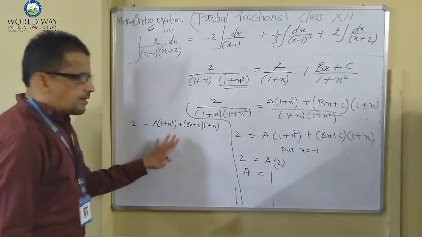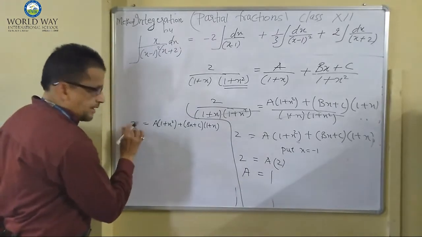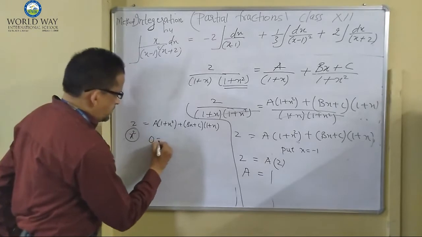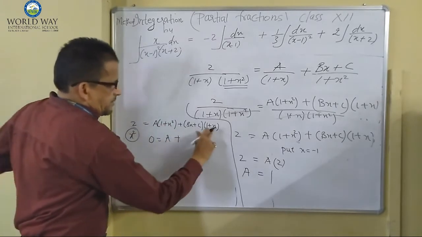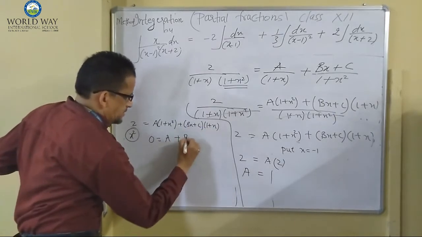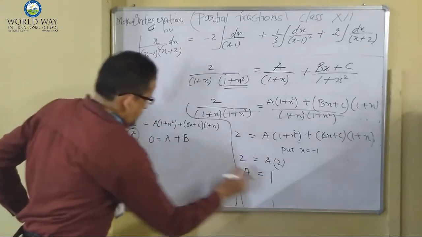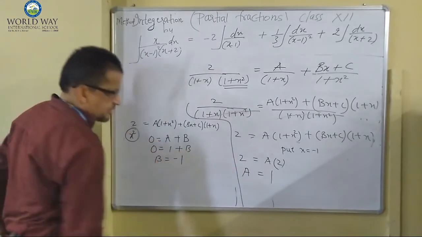Now compare the coefficient of x square. There is no x square term here, 0. What is the coefficient of x square here is a. What is the coefficient of x square here? Bx into x, that is bx square, that is b. Put the value of a is 1. So the value of b is -1.